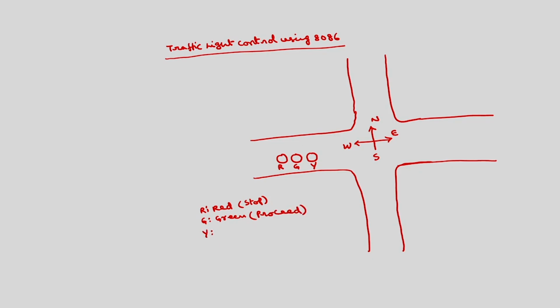And Y represents alert, yellow. So before going into the red or green, I will make it alert yellow. Similarly, here also I am going to connect 3 lights RGY. Here also 3 lights RGY. Here also 3 lights RGY.